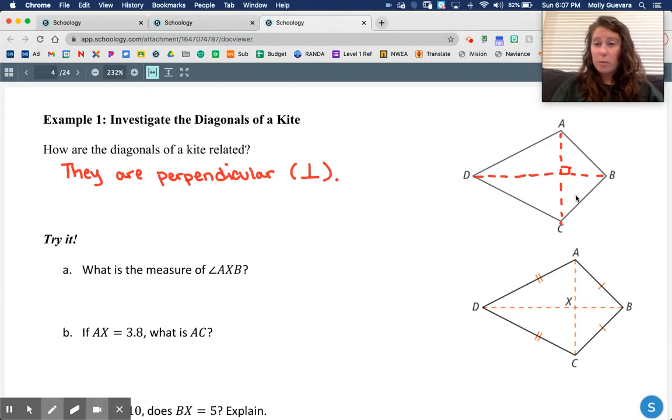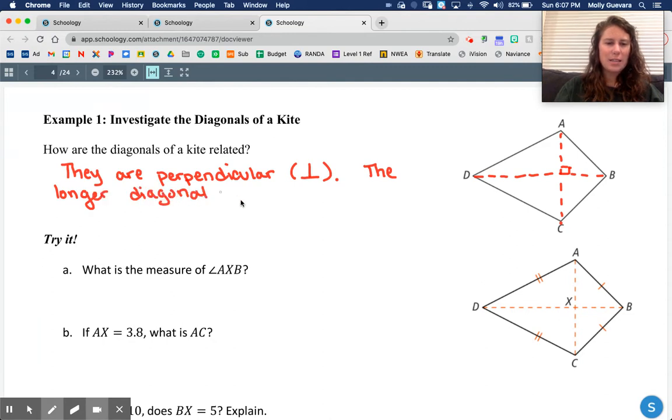The other way they're related is the longer diagonal bisects. Remember what bisects means, right? Bi is 2, so bisect is cut in half. So the longer diagonal bisects the shorter diagonal, which means the shorter diagonal is cut in half perfectly.